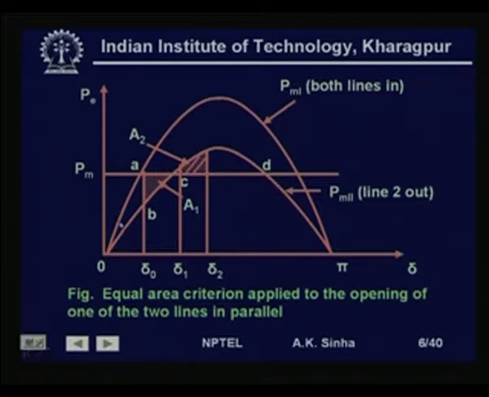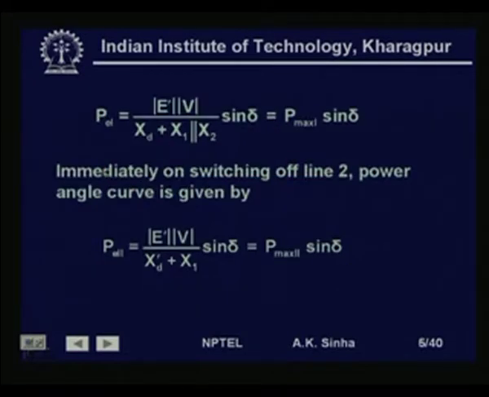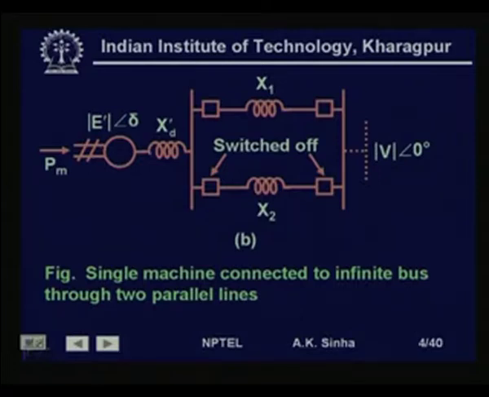Now, initially the machine is working with both the lines on. In that case, P m is the mechanical power input to the system, and the electrical power output under that situation will be equal to the mechanical input, because we have assumed no losses in the system.